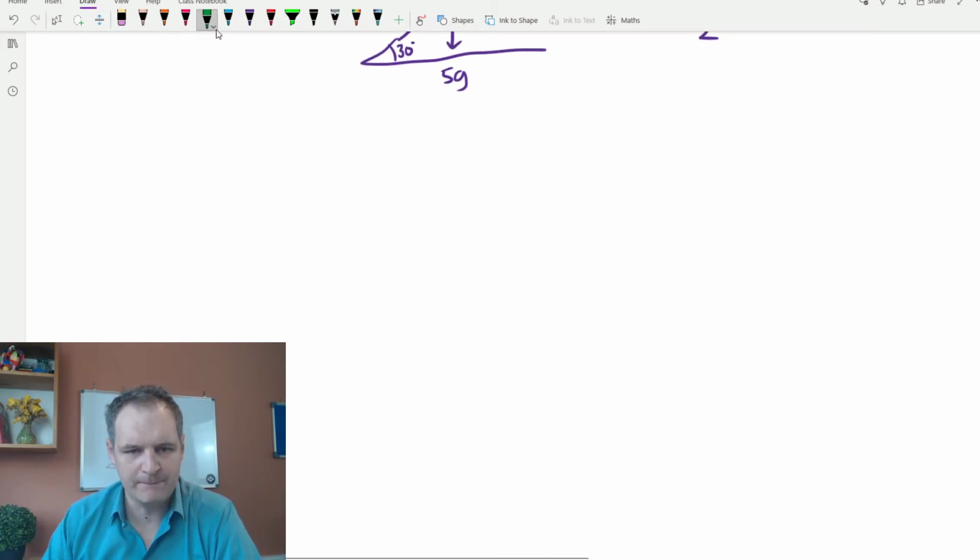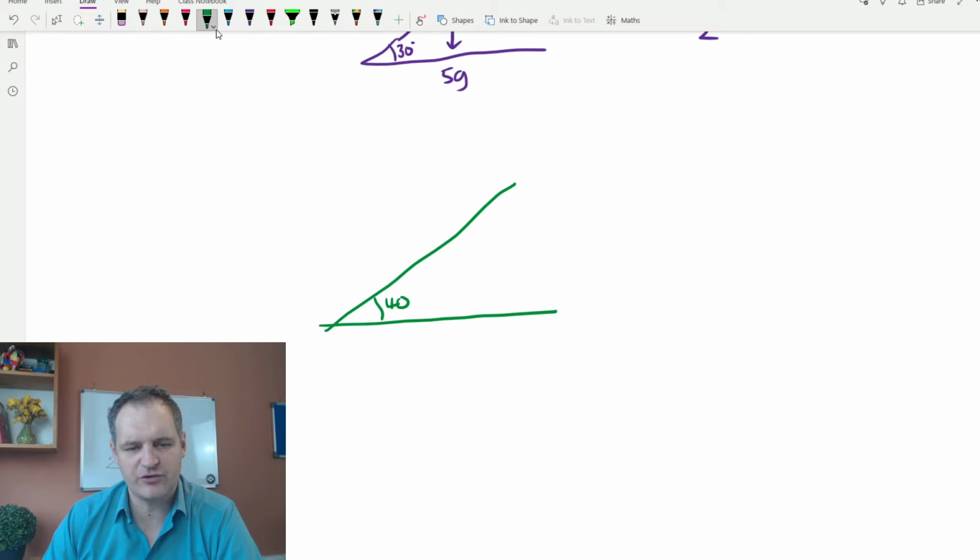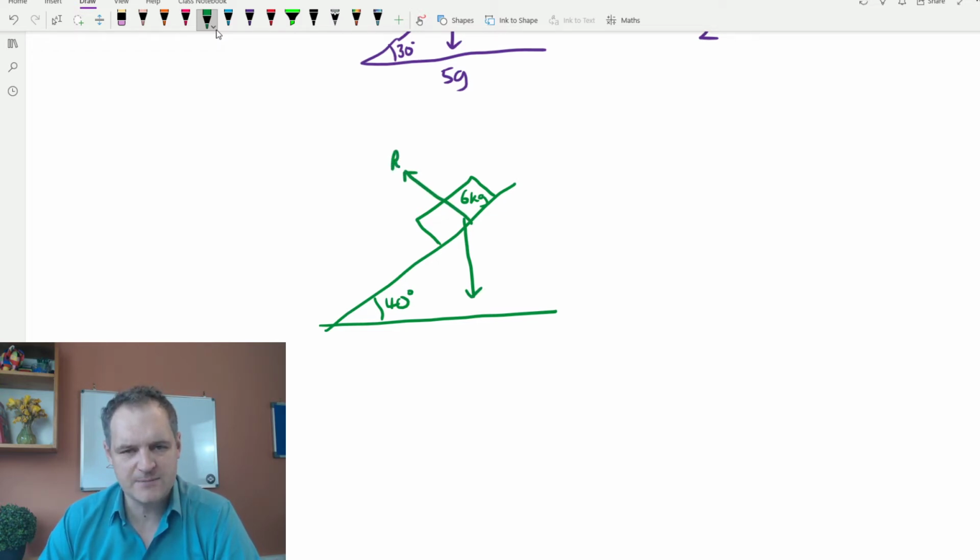So for the final one, a very similar example, but just to switch it up a bit, I'm going to make that 40 degrees. I have an object. This is 6 kilograms, but I've put it on a plane where friction is now involved. What that means is there is a force holding it back from falling down. We also have this connected particle, and this particle is 1 kilogram that's trying to help hold it back.